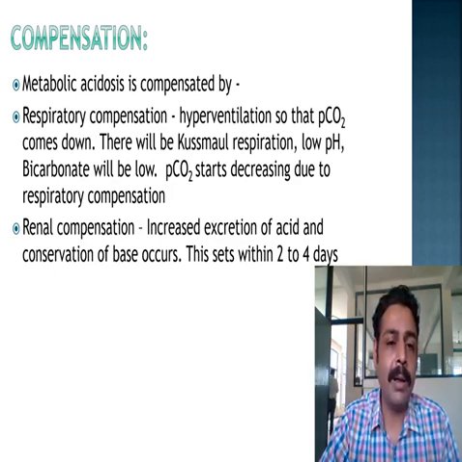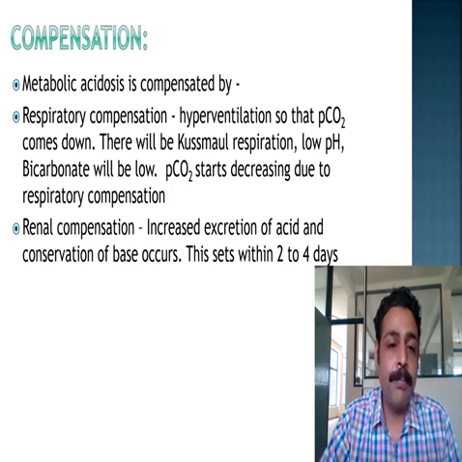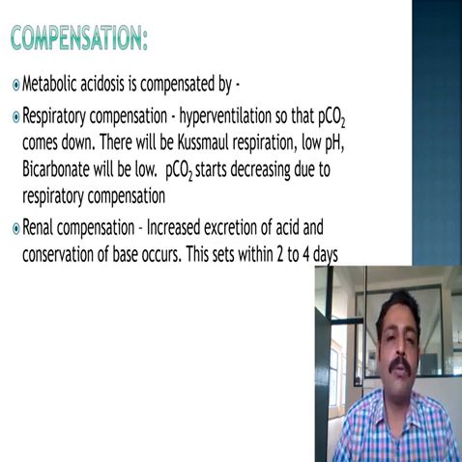It's called hyperventilation, also called Kussmaul's breathing in diabetic ketoacidosis. And then renal compensation: increased excretion of acid and conservation of bicarbonate occurs. This sets in within 2 to 4 days. So immediately you will have hyperventilation, followed by renal compensation.